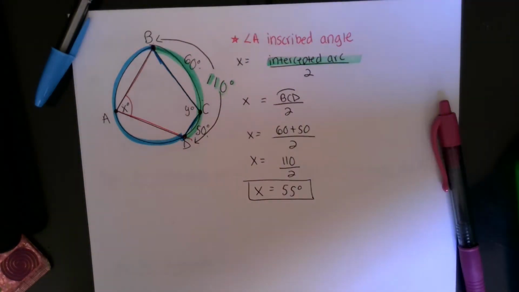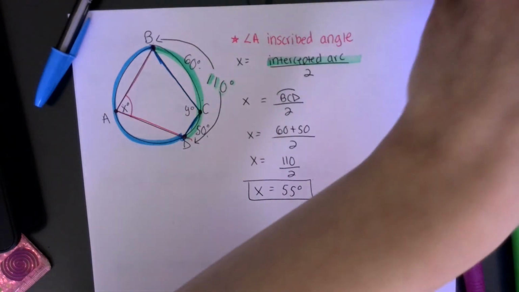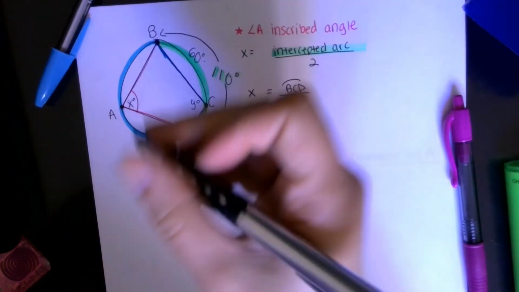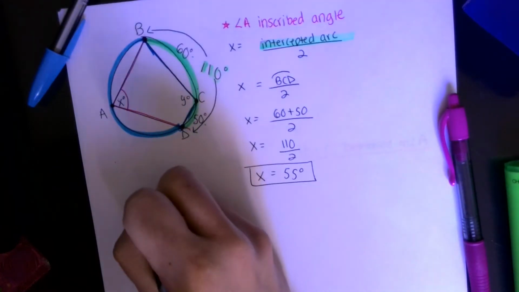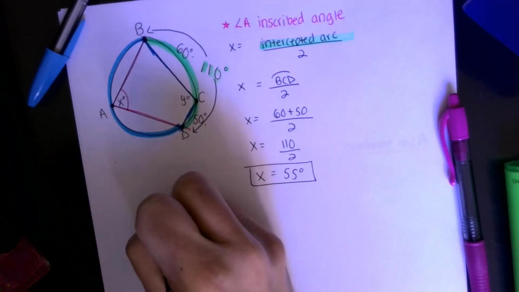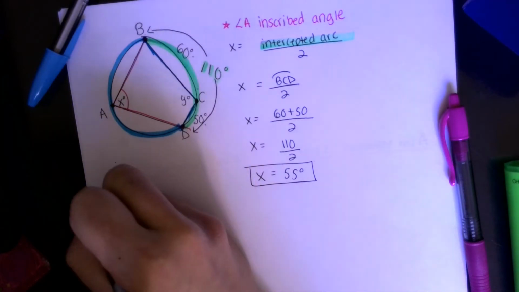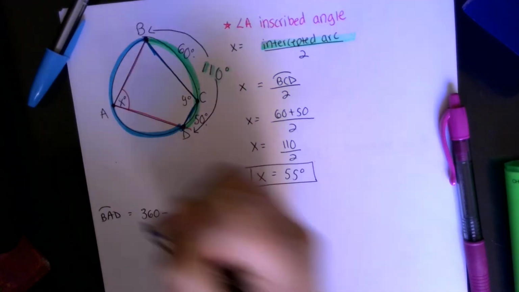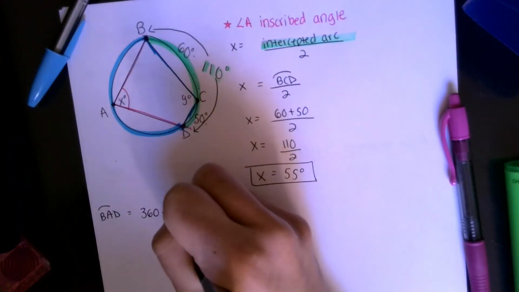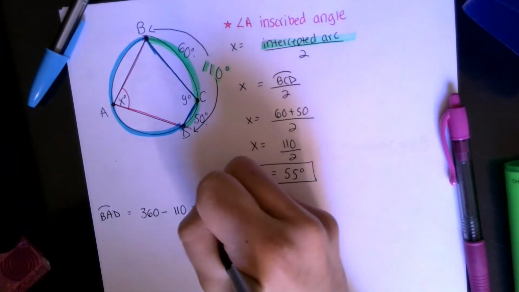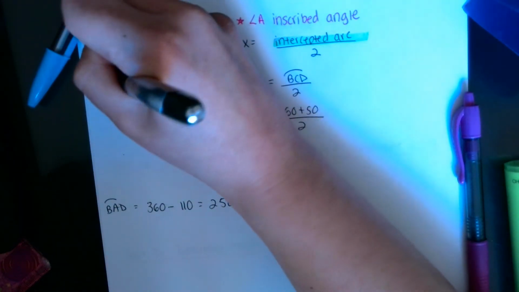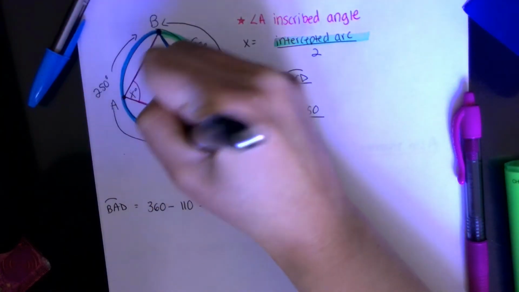So if I know that part of the arc is 110, the arc BAD is going to be 360 minus 110, which gives me 250. So this whole arc right now is 250 degrees, the leftover.